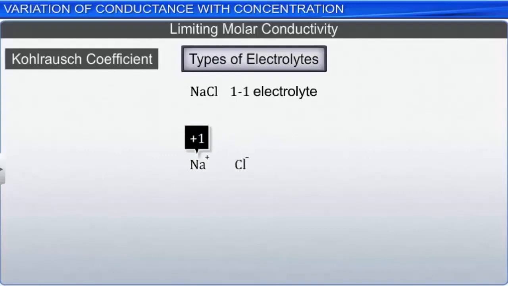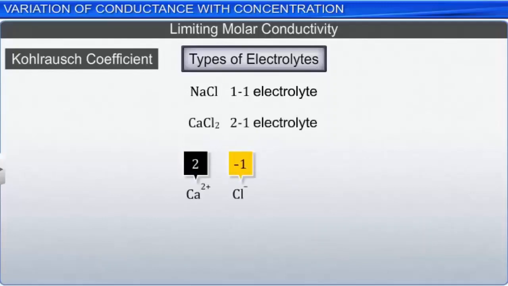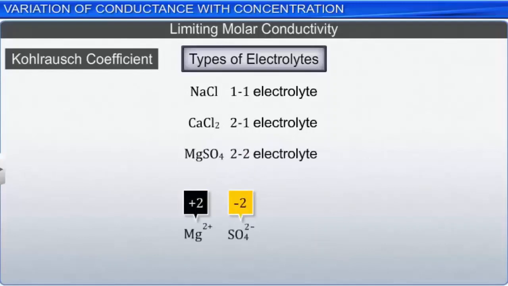Using similar reasoning, you can classify calcium chloride as a 2,1 electrolyte. Magnesium sulfate is a 2,2 electrolyte. All electrolytes of a particular type have the same Kohlrausch coefficient.